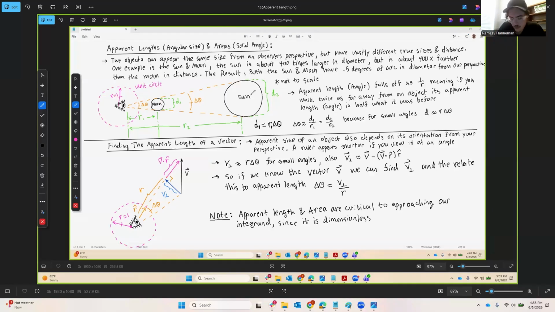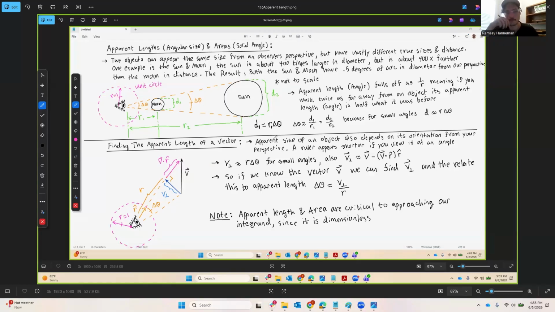So this works for small angles. If I want to know the true diameter of the sun, I need to know how far away the sun is. That's its radius. And I need to know what its apparent length is. That's its angle, the angle that it subtends.